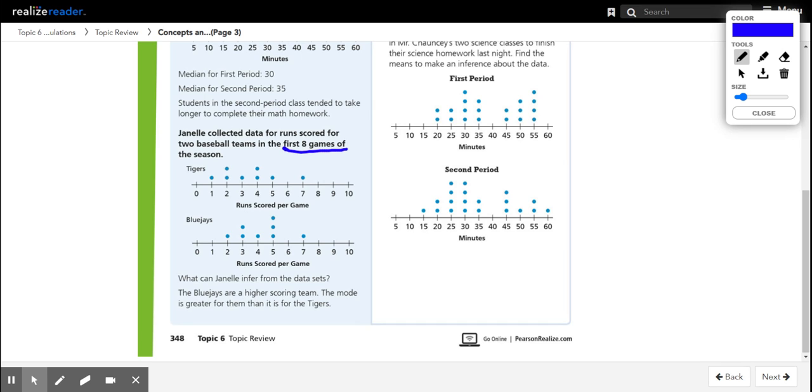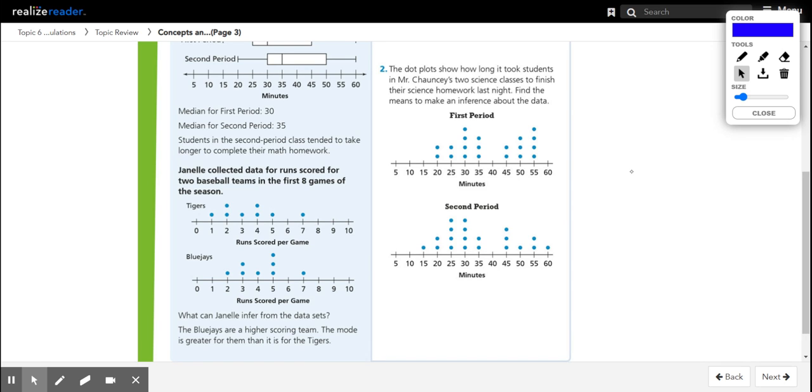You can see the mode here, there's the mode for the Blue Jays, and then the Tigers have two modes, 2 and 4. They're a little bit lower. You can also see that this data is from 2 to 7, where this data is from 1 to 7, and it seems a little more clustered on the lower end. So that's another thing that we can visually see.